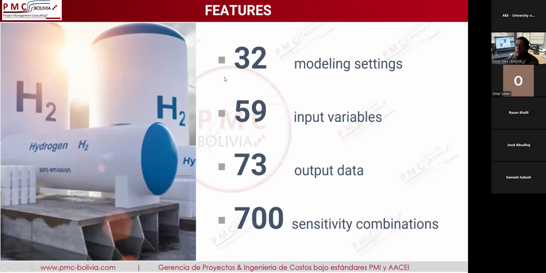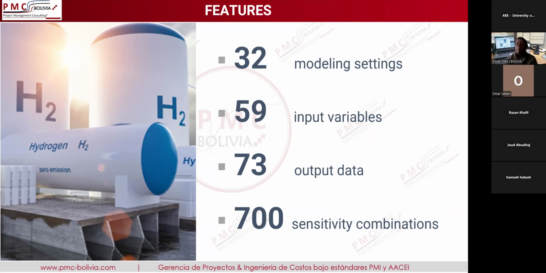The key highlight features are 32 modeling settings. It means that we have 32 options to combine all the energy supply and the configuration with compression, storage, or only production.